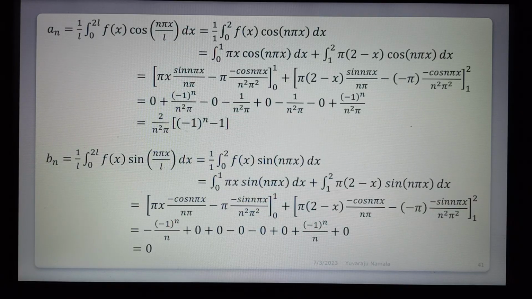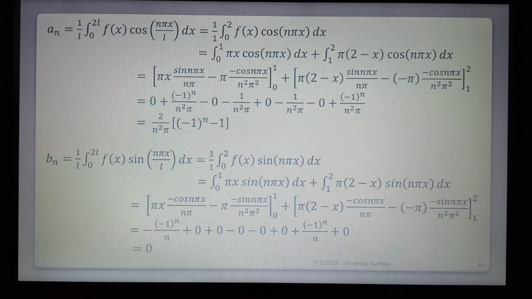So now substituting a naught, an, bn in the given equation, the required Fourier series.